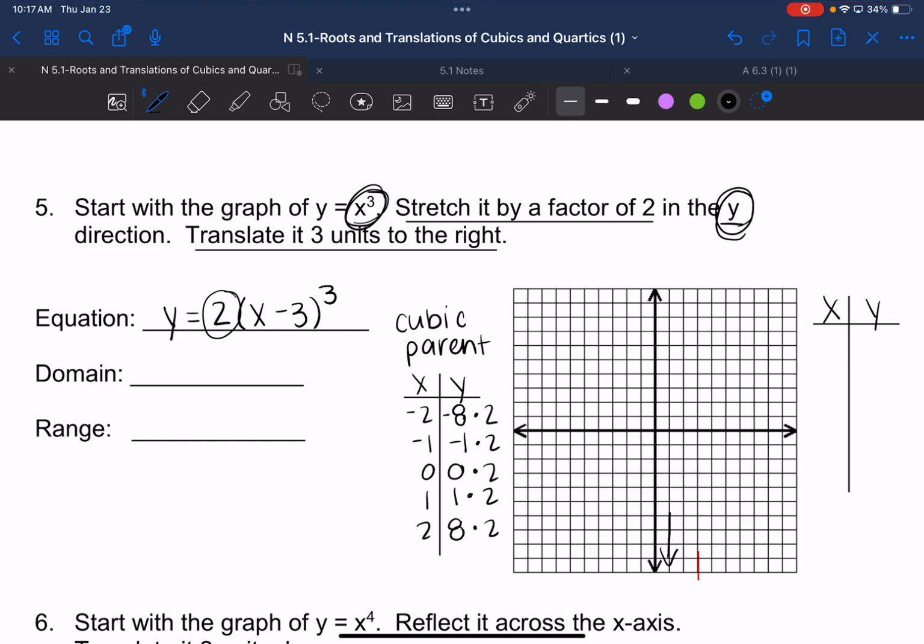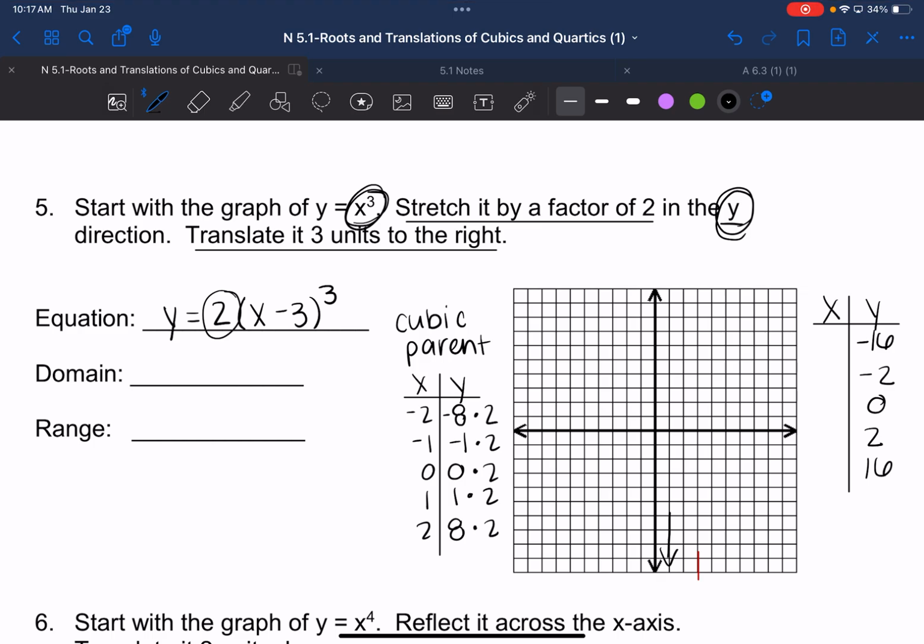All right, so -8 is going to become -16. -1 becomes -2. 0 stays 0. 1 becomes 2, and 8 becomes 16.